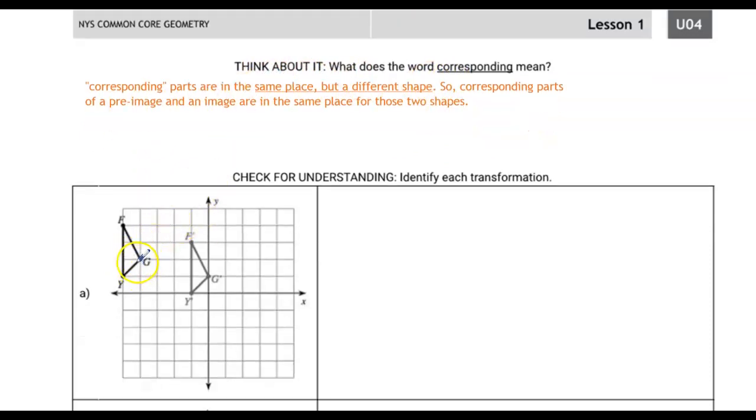For example, this is the pre-image, which is line segment GY. That corresponds to this line segment, which is G prime, Y prime. That prime indicates that it's no longer the original pre-image, it's now the image. So GY turns into G prime, Y prime, and these 2 are corresponding parts.